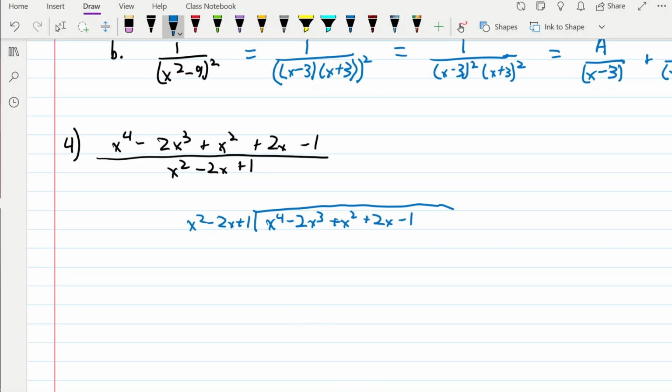So we're going to be able to take out an x squared. So we take this, multiply it by this, so x to the 4th minus 2x to the 3rd plus x to the 2nd, and then we can subtract, so we get 0, that becomes an addition, so 0, and that becomes subtraction, 0, so that means we just have 2x minus 1 as our remainder.